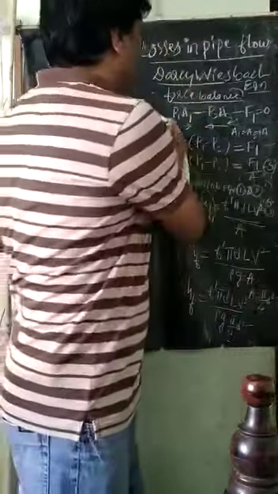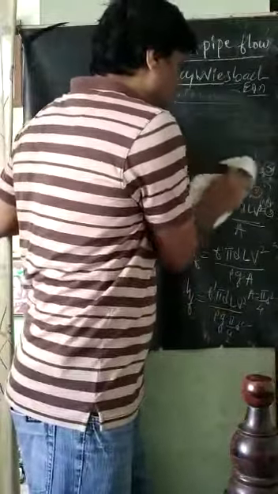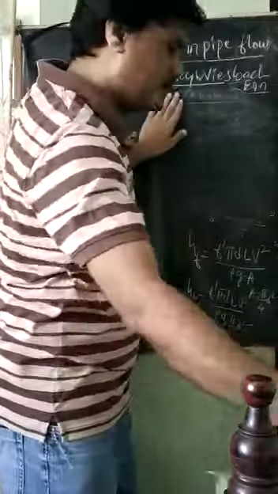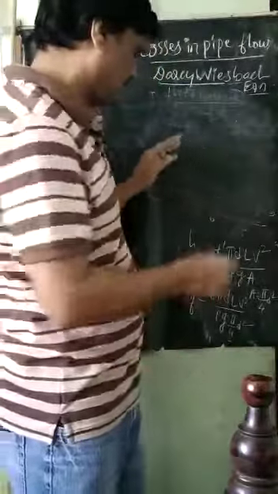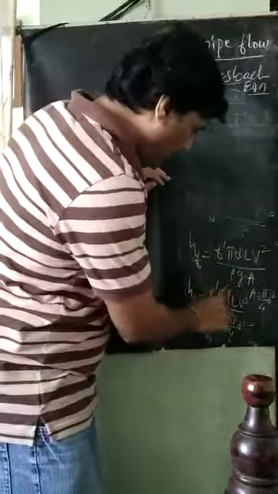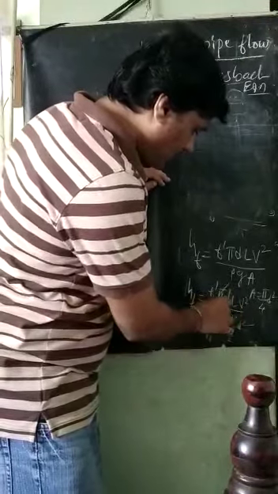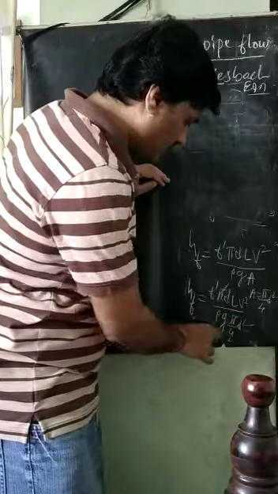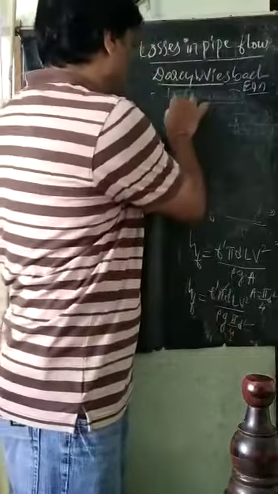Now with mathematical simplification, wherever cancellation is possible, the pi will get cancelled, one d will get cancelled, and 4 comes to the upper side.